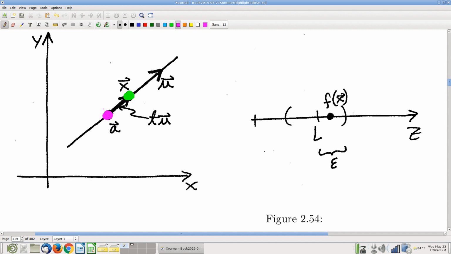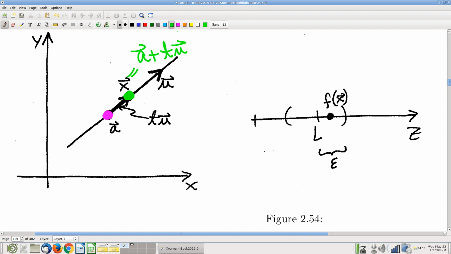Let's just write x is a plus tu. Let u be a unit vector pointing in some direction. Tu then is this difference vector, and if t approaches 0, then x approaches a.